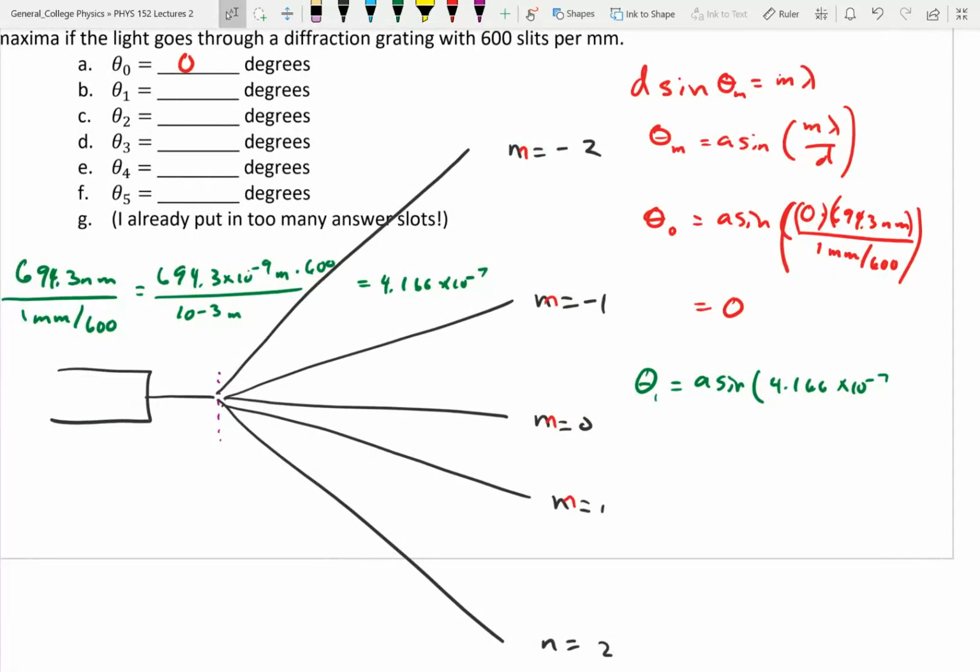I am really failing at math. 694.3 nanometers. That's 10 to the minus 6 times 600. Yeah, that's what I did. Okay, more like it. 0.4166.